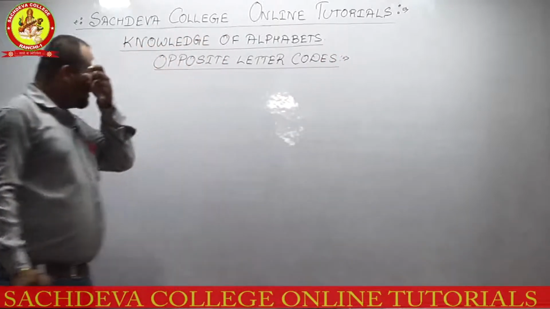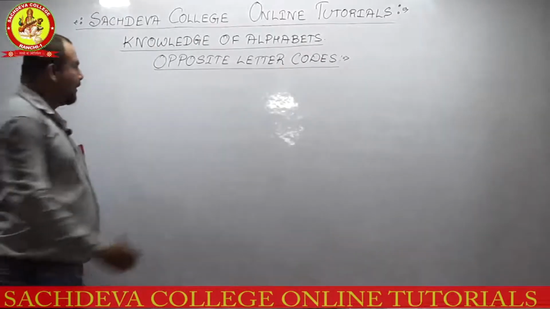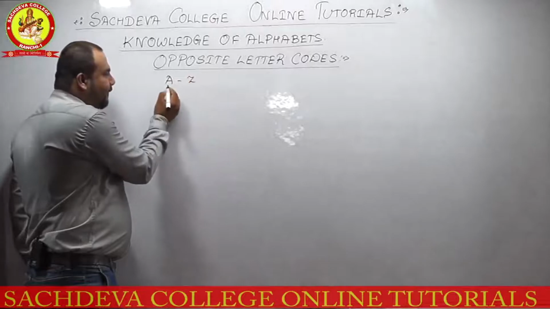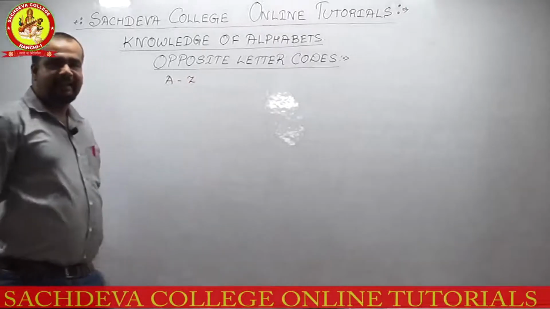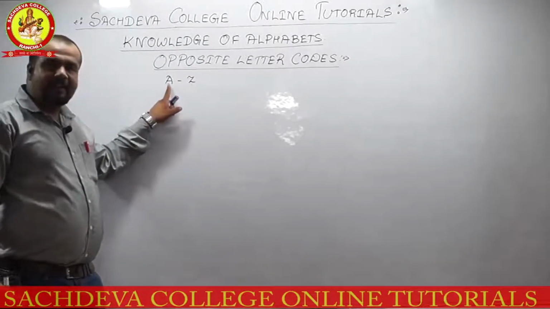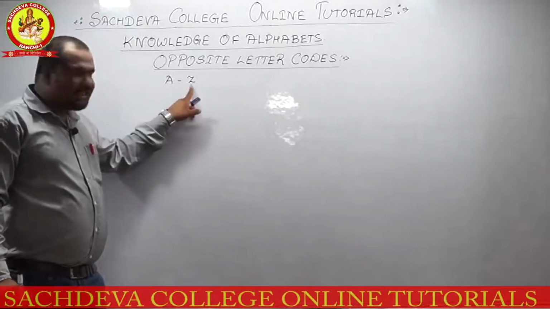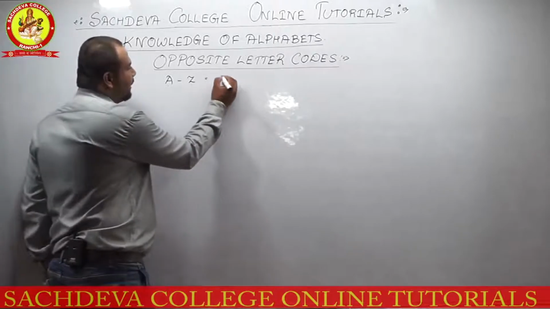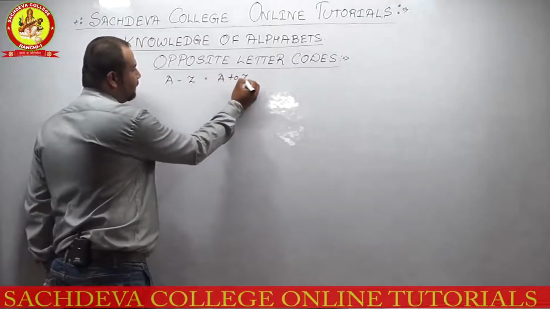The very simple method to remember it is like this. A is the first one and the last is Z. So we can say that the opposite of A is Z and the opposite of Z is A. So how will we remember it? That is A to Z.